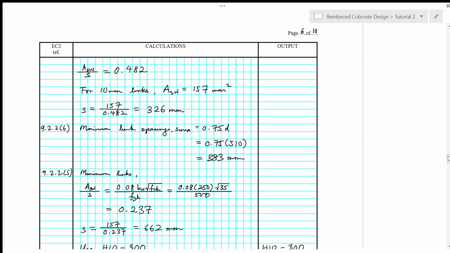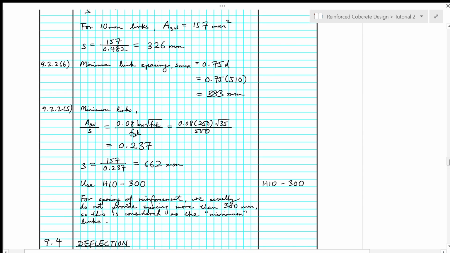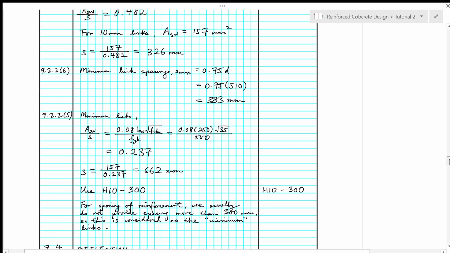So based on the three spacings calculated, the spacing is governed by the one from the design calculation, which is 326 mm. So we use 326 mm as our reference, and we provide H10 at spacing of 300.